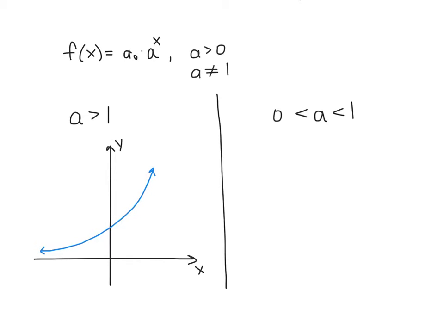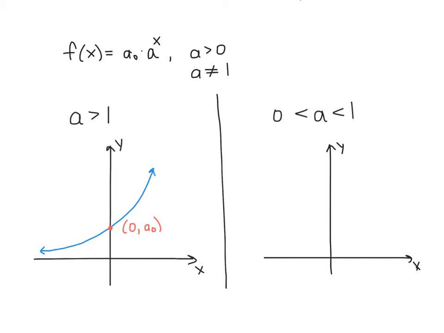We have a y-intercept, and that y-intercept point is given by 0, a sub 0. So whatever that constant out front of our function is, that'll tell us what our y-intercept is. Because if we think about what happens when we plug 0 in for x, a to the 0 power is 1. So our function value becomes a sub 0.